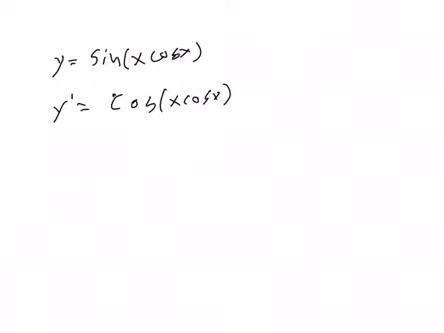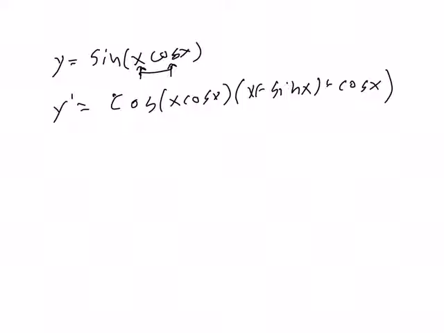Next problem, y is equal to sine x cosine x. So y prime is going to equal cosine x cosine x times the derivative of this, which is going to be x negative sine x, right, that product rule over here, plus cosine x, and that's it, right?